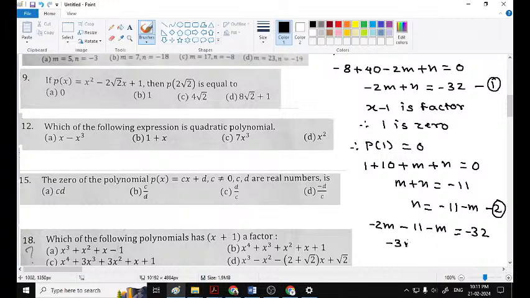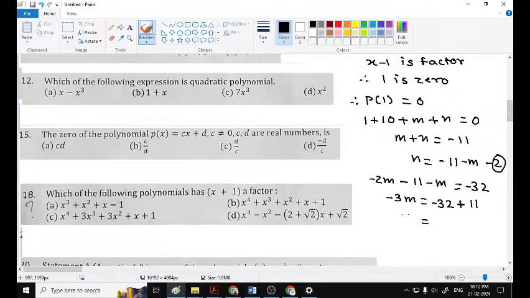So this is minus 3m is equal to minus 32 plus 11, that is minus 21. Signs are different, so we find out difference. 3 minus 1 is 2, bigger number is negative. So m is minus 21 upon minus 3, which is equal to 7.